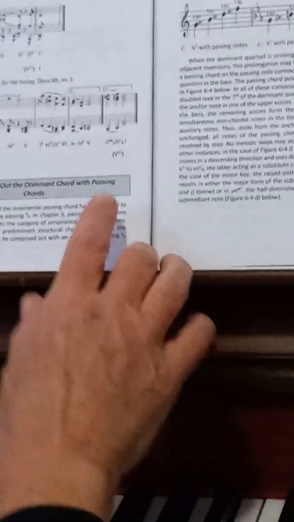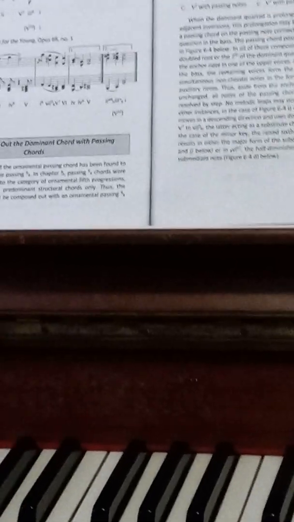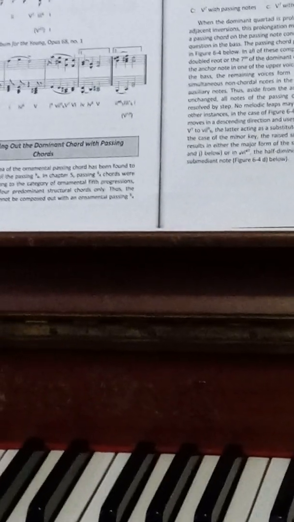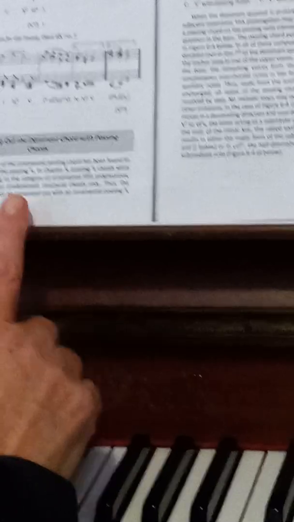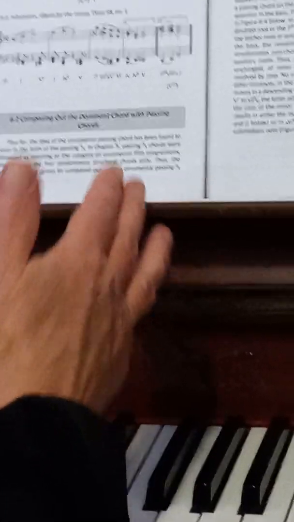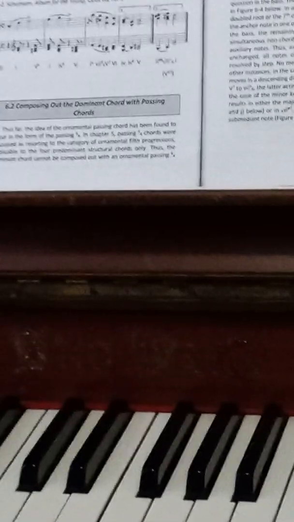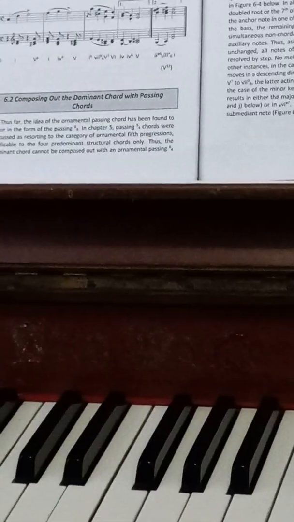Okay. Now, the second category and the final category in this chapter has to do with, now remember, as I said, dominant is excluded from ornamental fifths in chapter 5. It's only the predominant chords that get ornamental fifths. So in fact, what dominant does, because it can't have passing 6/4s that fall in the ornamental fifths category, it has its own set of passing chords, unique to itself.